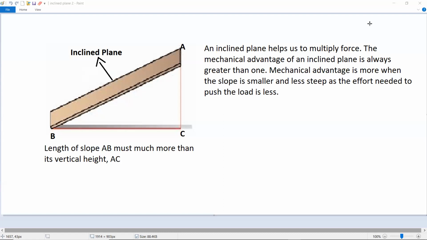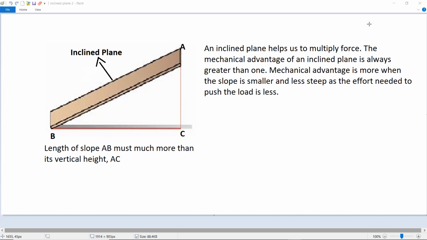Mechanical advantage is more when the slope is smaller and less steep, as the effort needed to push the load up is less.